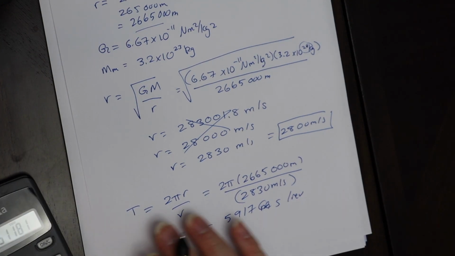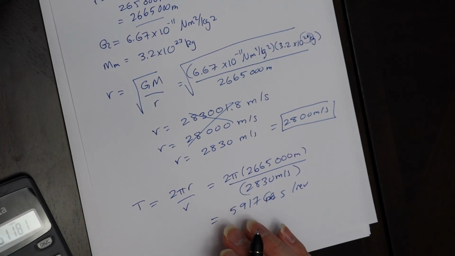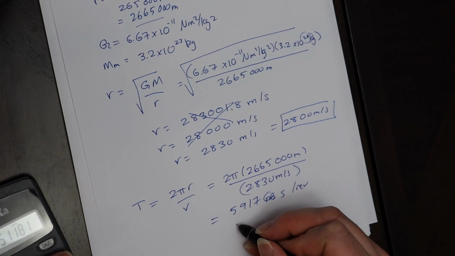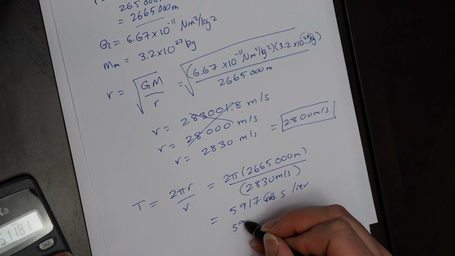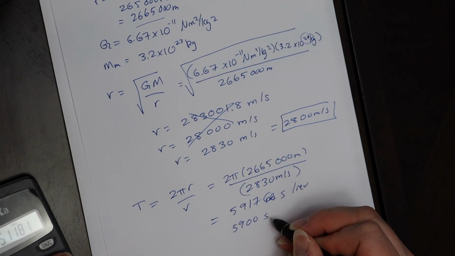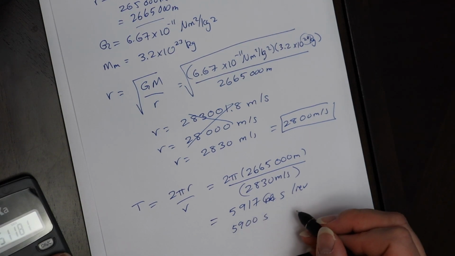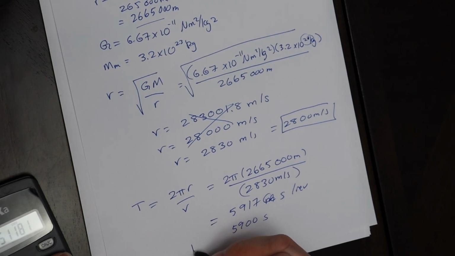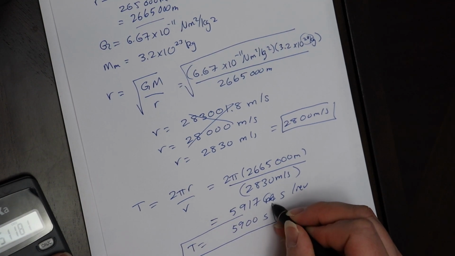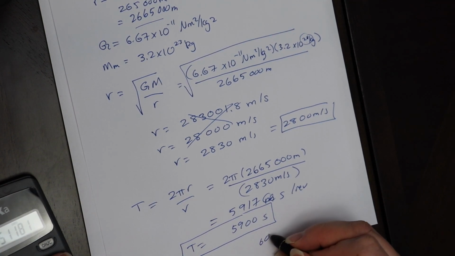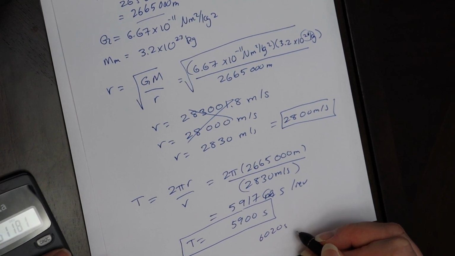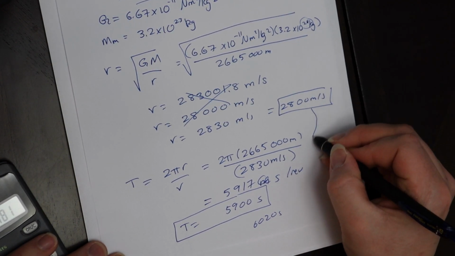And if we check our answer and check our sig figs here, this should be about 5,900 seconds. You could definitely change this to years or days or something, but there's nothing wrong with this answer. I believe in the solutions it gives it as 6,020 seconds, and that is simply if you plug in this value here.